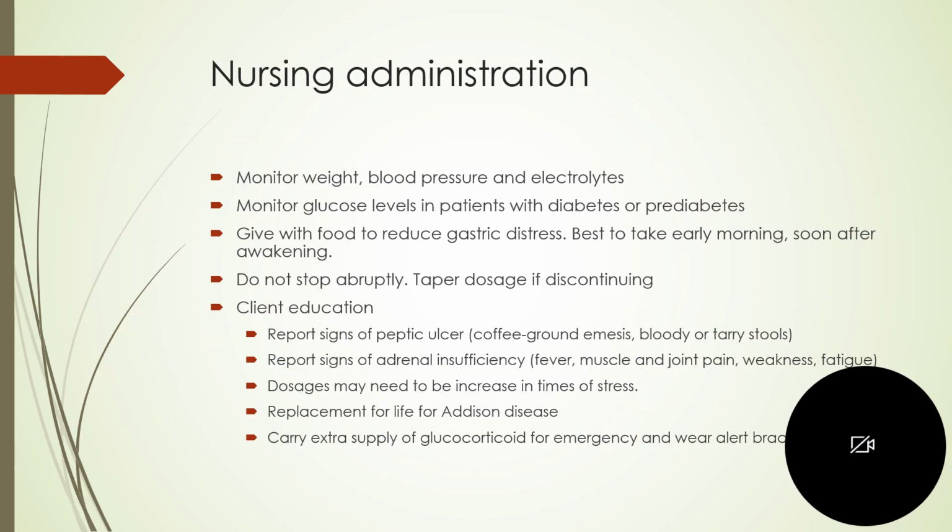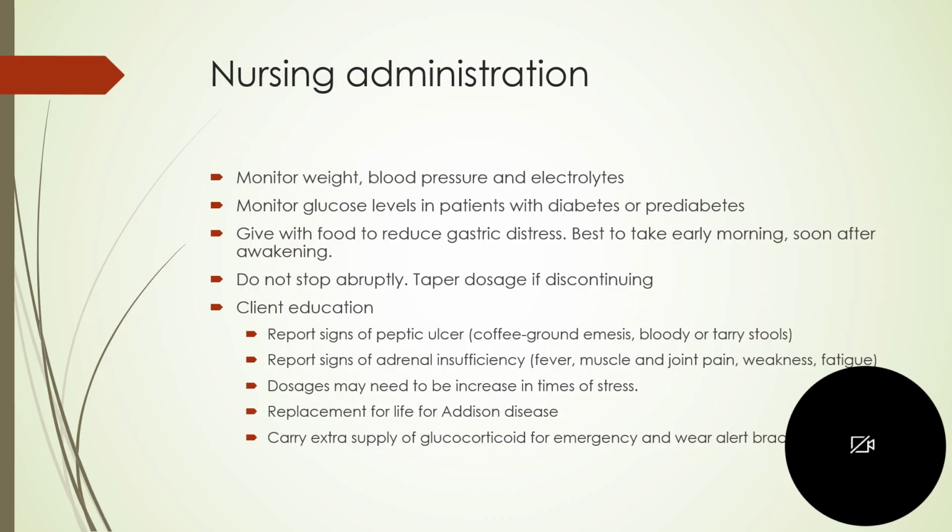Their weight, their blood pressure, and electrolytes, especially if somebody is at risk for diabetes, they have prediabetes or they have diabetes. I'm monitoring their blood sugar, giving it with food to make sure I decrease their GI distress, and then, so sorry. Make sure I'm giving it in the morning, so I'm mimicking that normal hormone release.